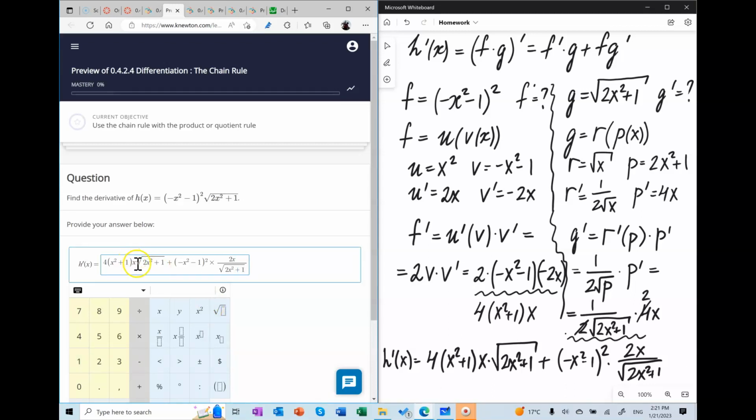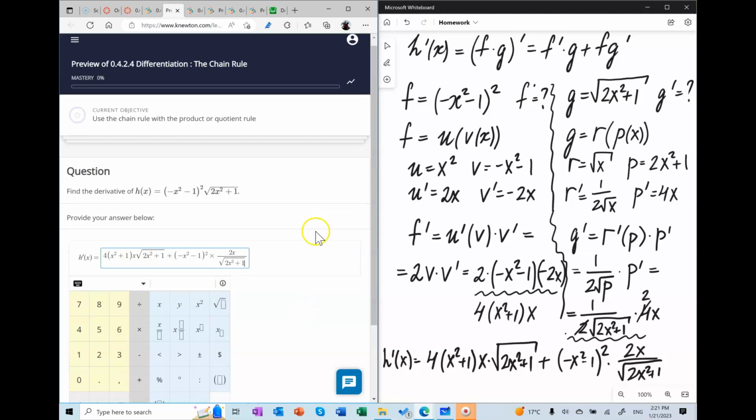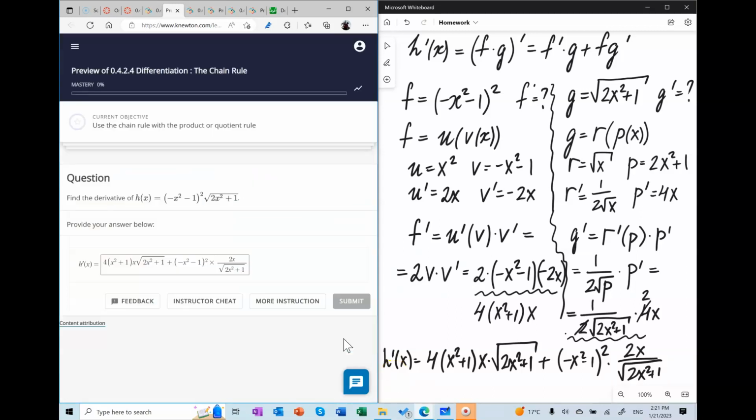And yeah, we assume it understands the implicit multiplication there, so let's submit this.